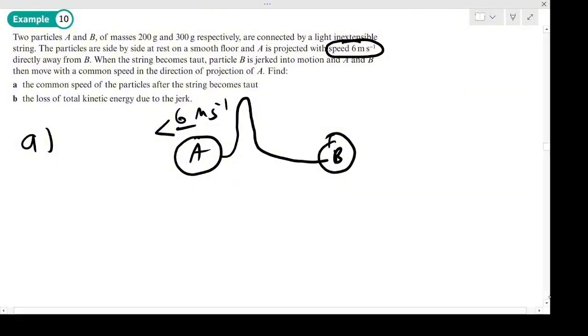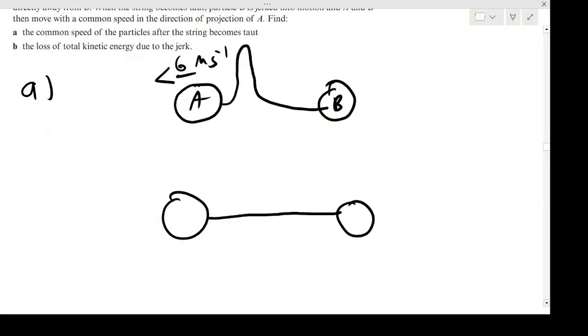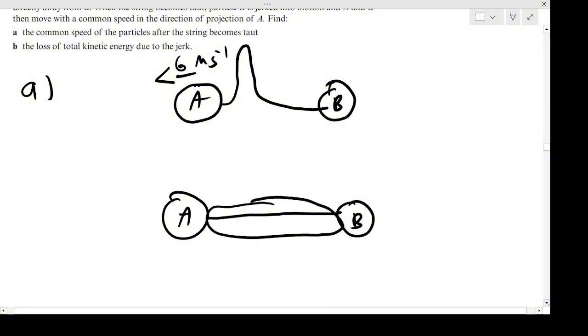And so eventually we get this situation where the string is now tight. It's going to be quite rigid, stretched if you will. Then we have A and B, and now the string is not loopy, it's not slack at all, it's not loose, it's now completely rigid.